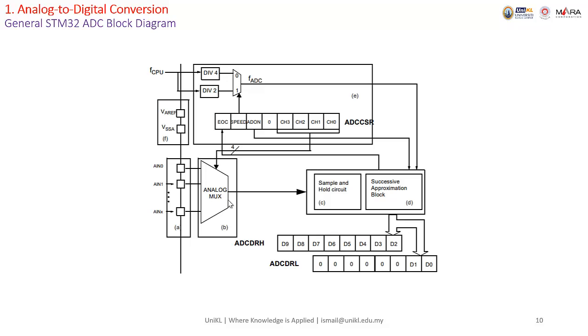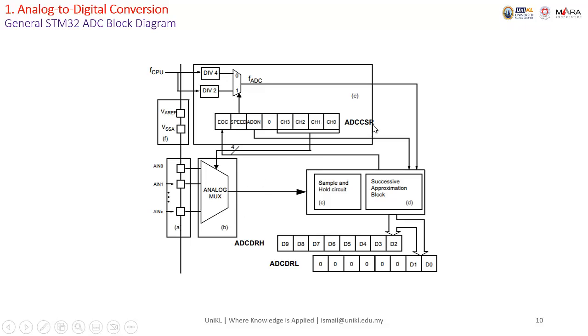STM32F303. We have the ADC. So we can convert one channel and send it to the first ADC, another channel we send to another ADC, right? So we have a selector here, or analog multiplexer, okay?